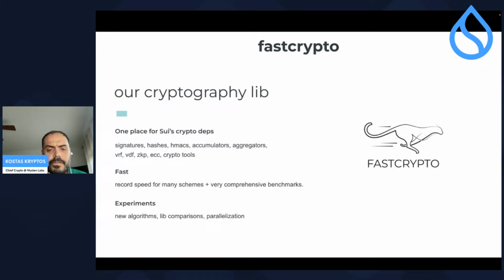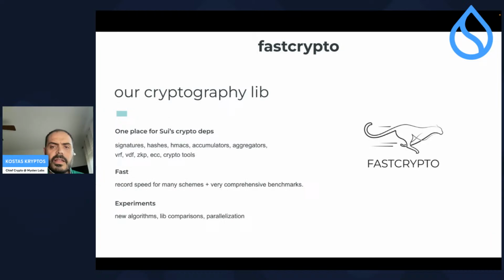And I have a feeling that many researchers down the road are taking advantage of what we're doing, obviously for Sui, but they're doing it for their own research. And sometimes because we have some record speeds, even on zero knowledge proof verification, I would say signature verification, they're using it for their own projects.